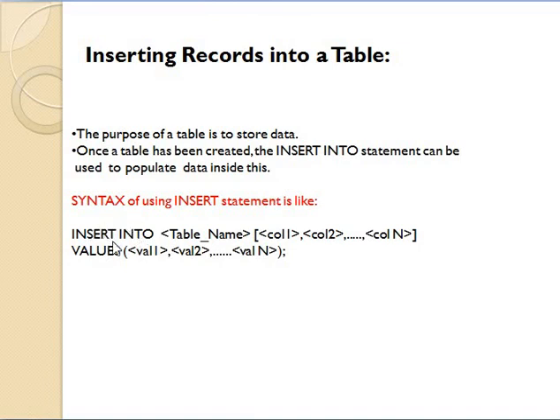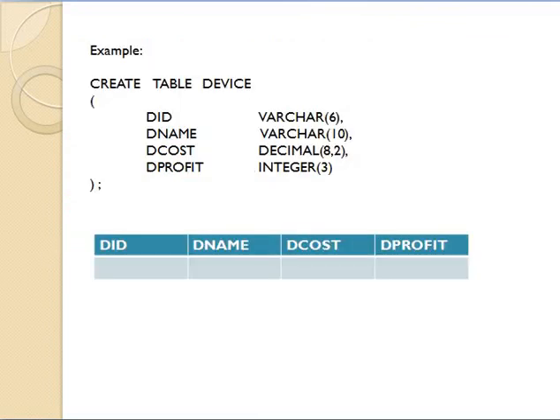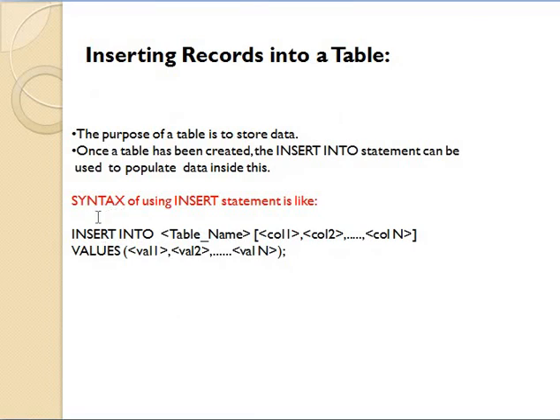It starts with the keyword insert into, then you have to specify the name of the table. As the name of the table that we have created was device, in order to populate this table device with values, you have to write the insert into statement as insert into device.